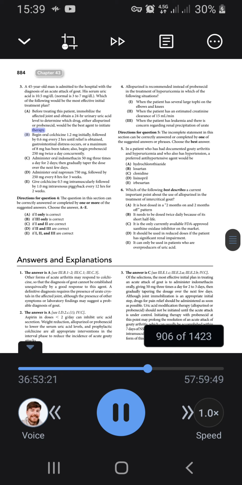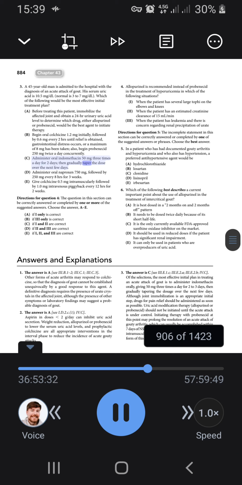B. Begin oral colchicine 1.2 milligrams initially, followed by 0.6 milligrams every 2 hours until relief is obtained, gastrointestinal distress occurs, or a maximum of 8 milligrams has been taken. Also, begin probenecid 250 milligrams twice a day concurrently. C. Administer oral indomethacin 50 milligrams 3 times a day for 2 days.